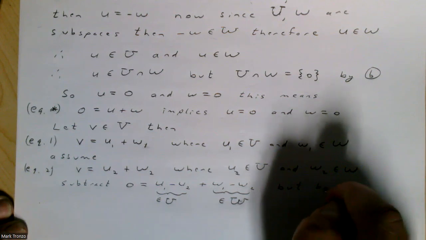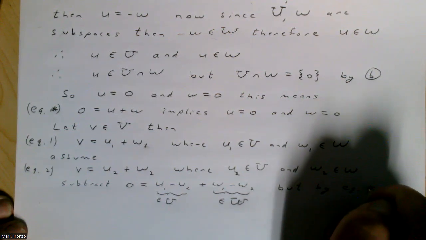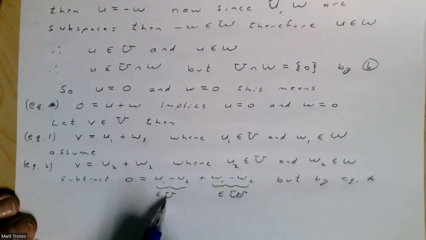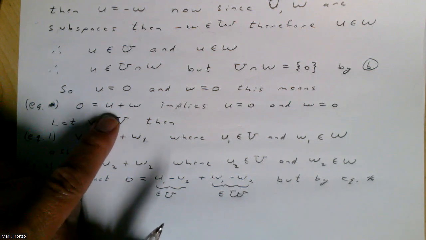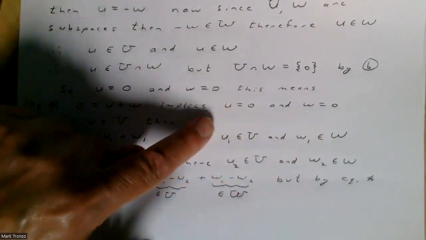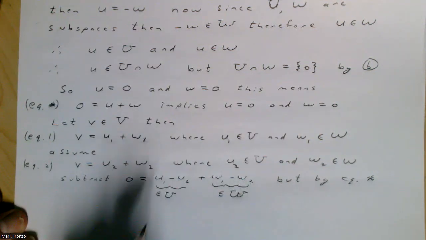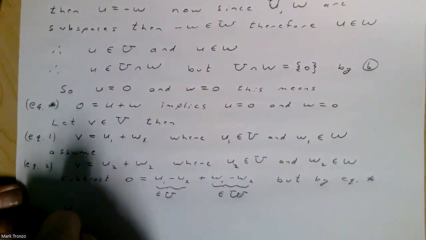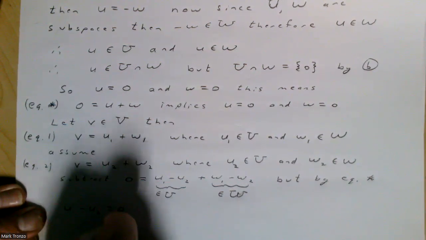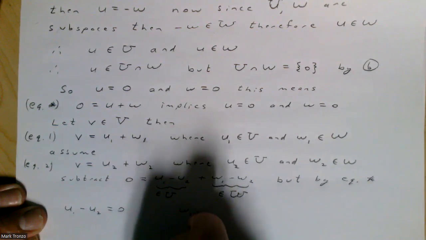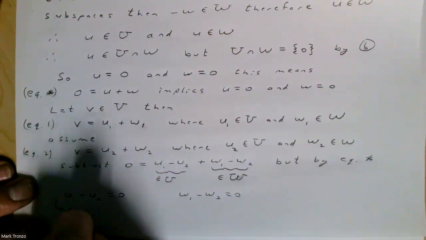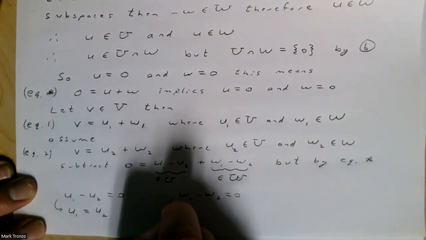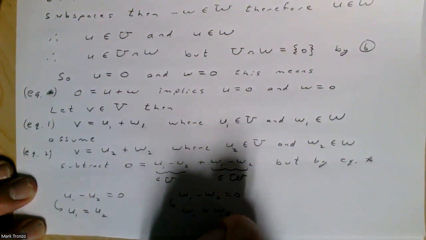So by equation star, remember we set up here, if you have 0 and you have this sum, it implies that each of these has to be 0. By equation star, this has to be 0, and this has to be 0, which implies u1 equals u2 and w1 equals w2.